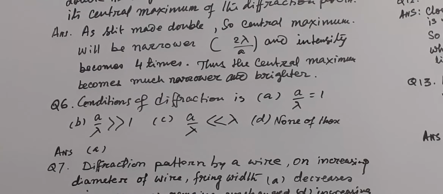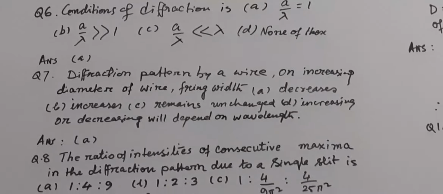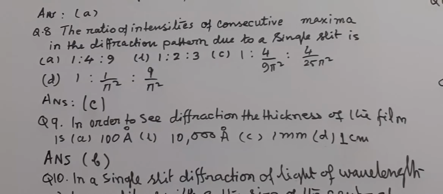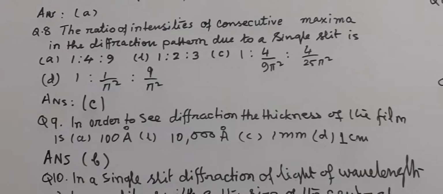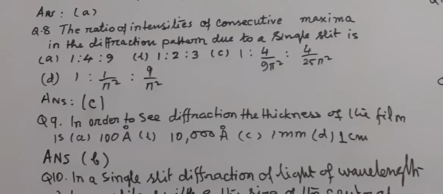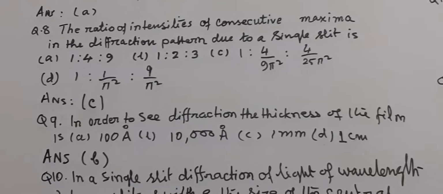Now come to the next question, question number 8. The ratio of intensities of consecutive maxima in the diffraction pattern due to a single slit is, four choices are given: 1:4:9, 1:2:3, 1:4/9π², and D, 1 is to 1/π² is to 1/9π².